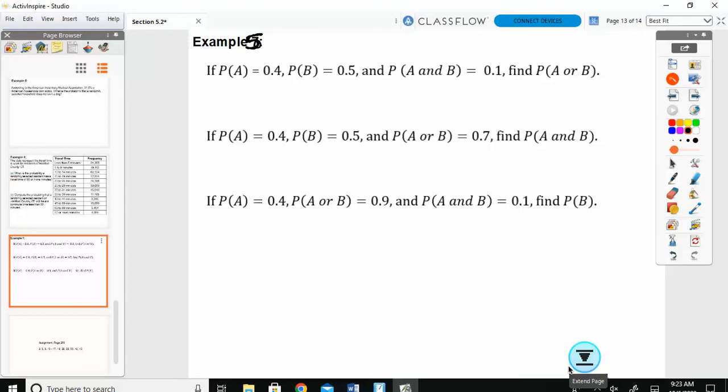So if the probability of A is 0.4, the probability of B is 0.5, and the probability of A and B is 0.1, find the probability of A or B. All right, if you just look at this, it looks really overwhelming. There's a lot of numbers, a lot of variables, and it's kind of confusing to figure out what we're talking about. Focus on what you're being asked to find.